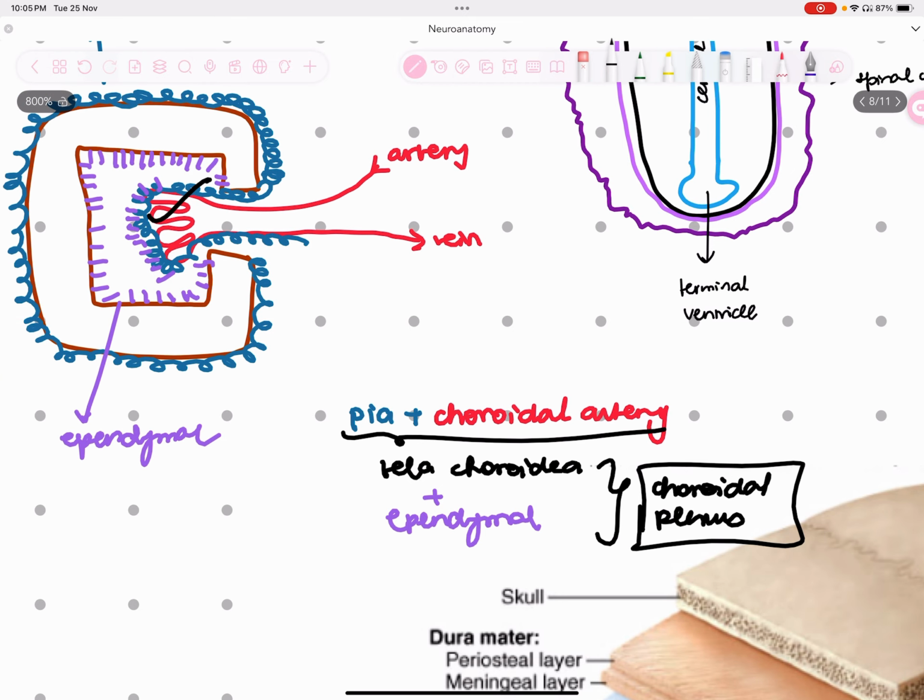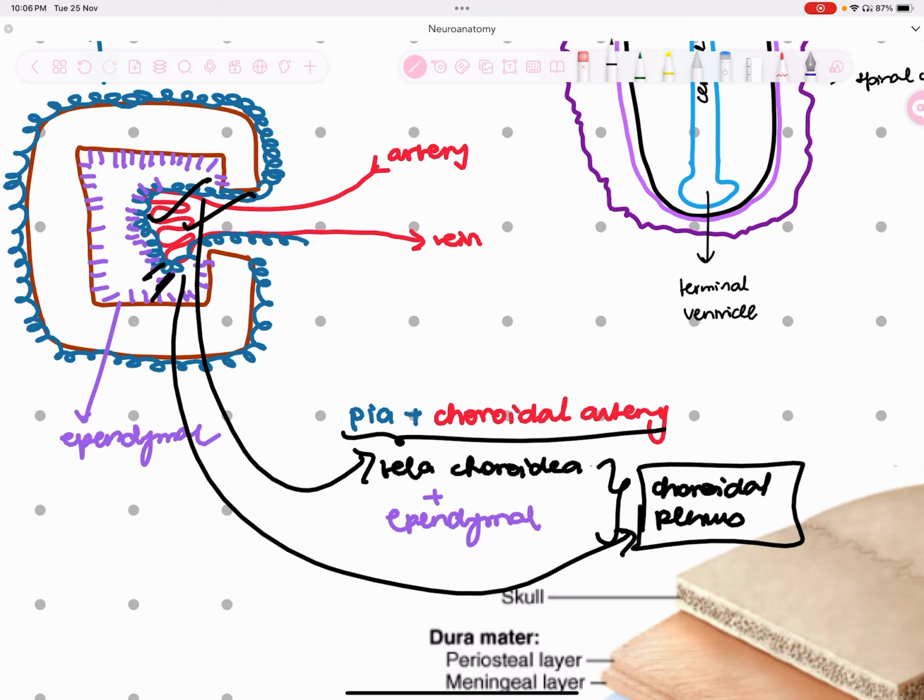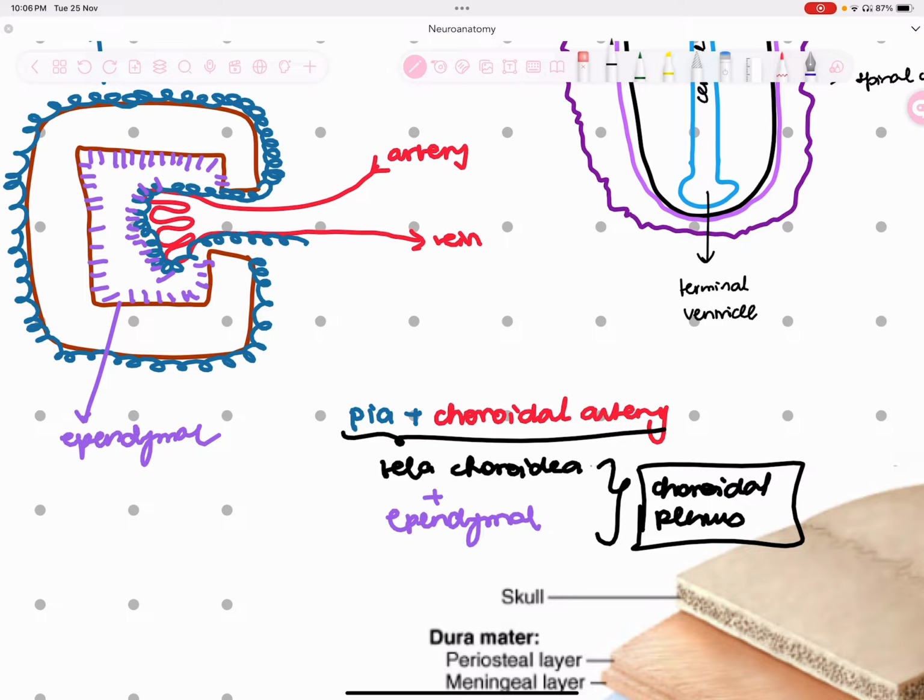So pia mater plus the choroidal artery together make tela choroidea, and tela choroidea plus the ependymal cells together make the choroid plexus.